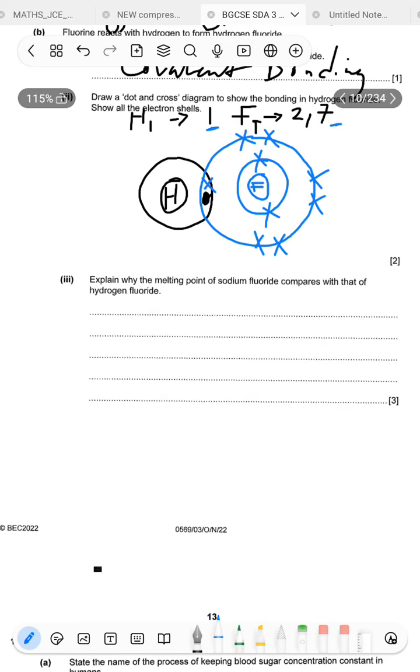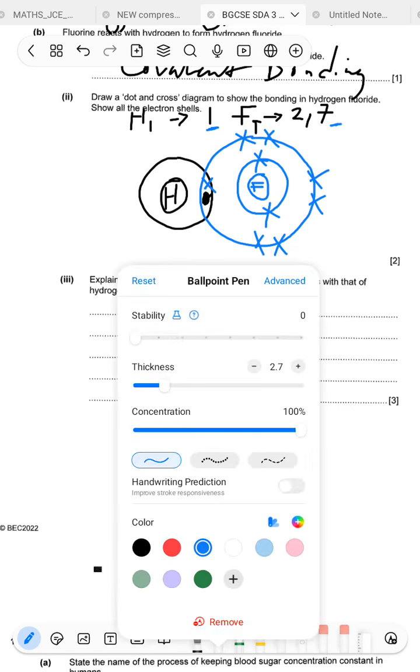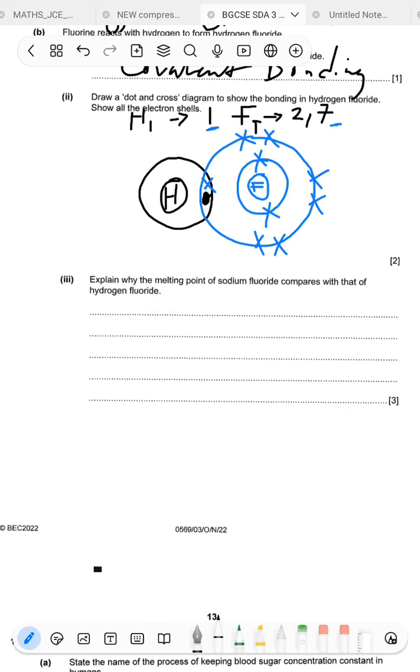Explain why the melting point of sodium fluoride compares with that of hydrogen fluoride. Remember, we are comparing these two. So if we're comparing them, we should be using comparison words. We use comparison mode.